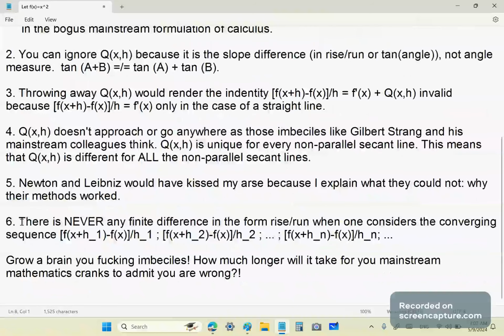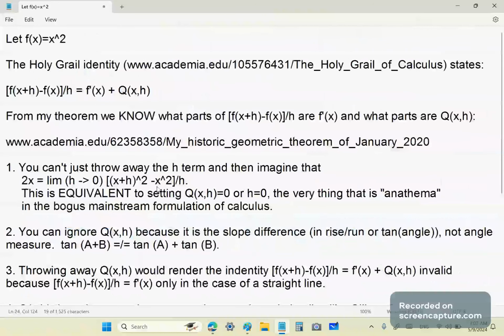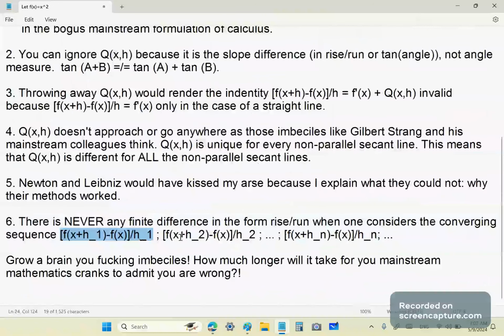Moreover, there is never any finite difference in the form rise over run when one considers the converging sequence of finite differences. So in other words, you cannot use the function alone to find the tangent line slope. You cannot do that because there's no way to express the tangent line slope in terms of f.